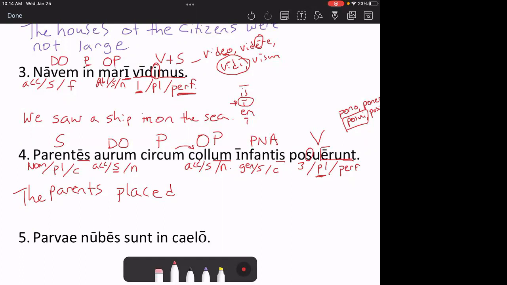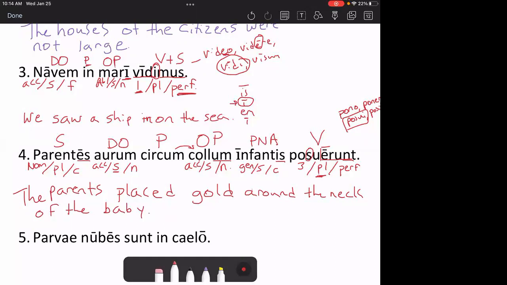Gold. The parents placed gold. Circum colum. Circum means around. Colum, the neck. Infantis, of the infant or baby.